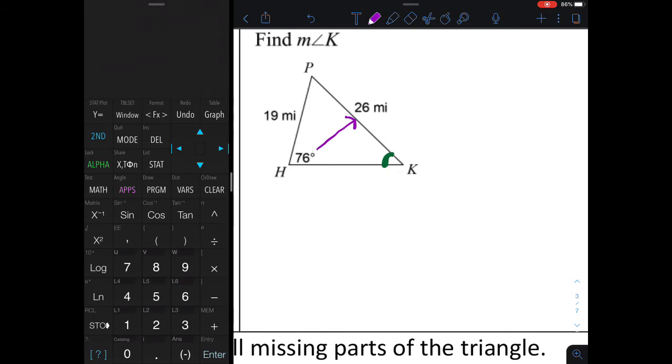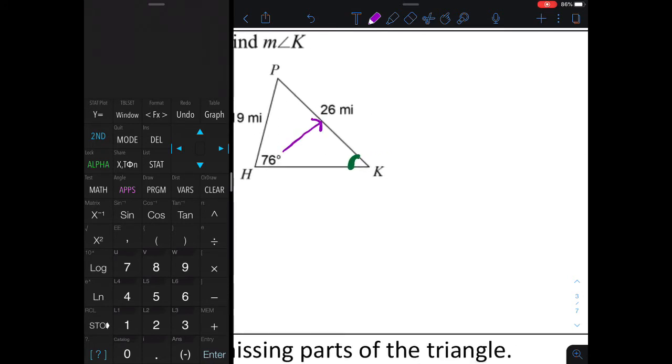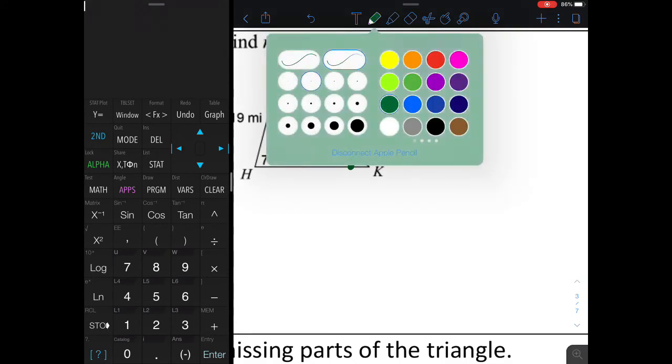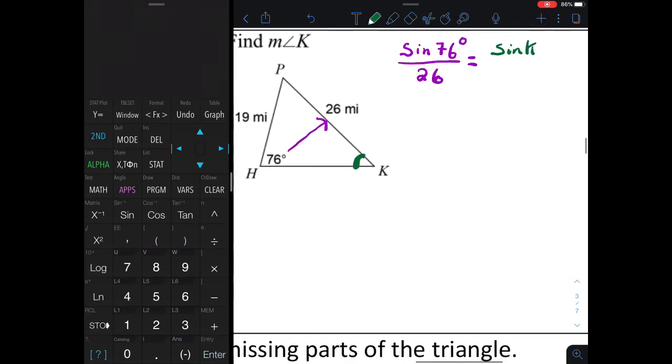So we don't really have to do any work right out of the gate here because we have all the information that we need to set up law of sines in this problem. We know that if we apply sine to 76 degrees according to the law of sines and divide that by 26, that ratio has to equal sine of whatever angle K is divided by its opposite side of 19. And then we want to work to solve from here.